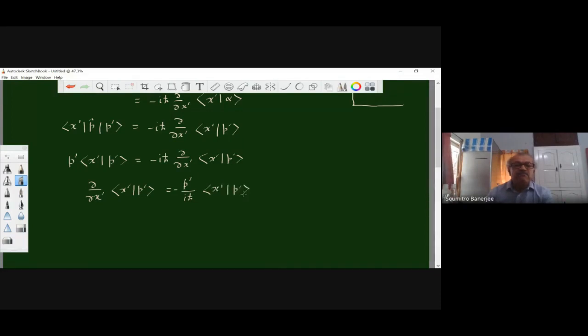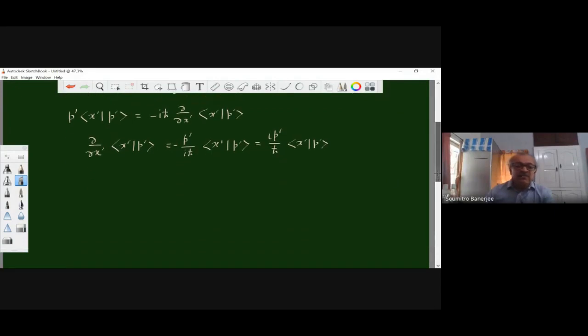Okay, let me clean it up. Because I said that I don't like i to be in the denominator, it is i p' by ħ times ⟨x'|p'⟩. So it's a differential equation. You know the result will be an exponential function.